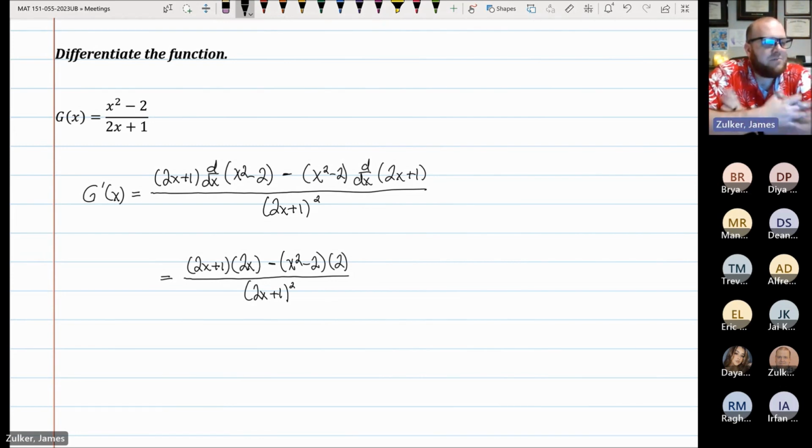Right, now it's time for some algebra. So we can factor out a 2. Distribute that x through.